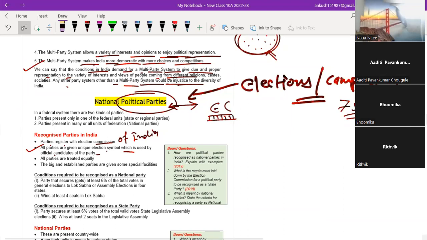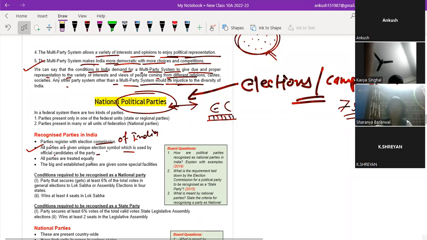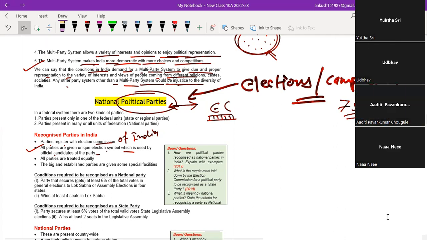Aditi, Udbhav, Yukta. Sharanya and Kavya. Who is this Kavya? Kavya Singh. Yes, sir. Okay. Shreyan, K. Shreyan. You all people have to respond at the same time.